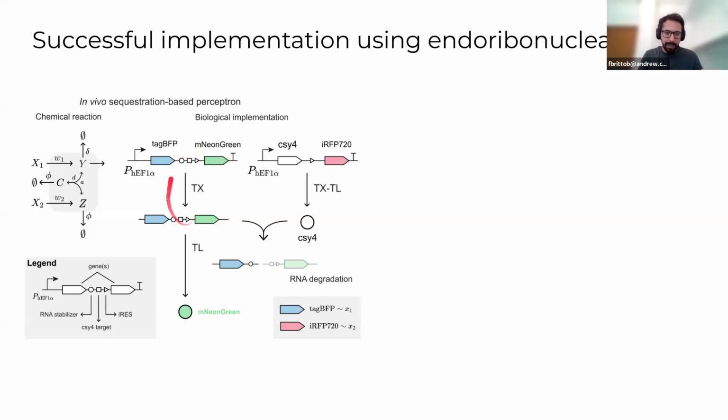We'll let this transcribe, and when this translates, we will get neon green. Of course, we'll get also tagBFP, but here the logic is focused on neon green. Perfect, and we measure neon green, of course. In our other plasmid, we'll have the same promoter, but we will have a protein called Csy4, which is an endoribonuclease. We have an IRES sequence that enables us to co-express it with iRFP.